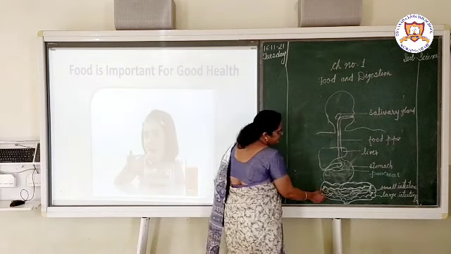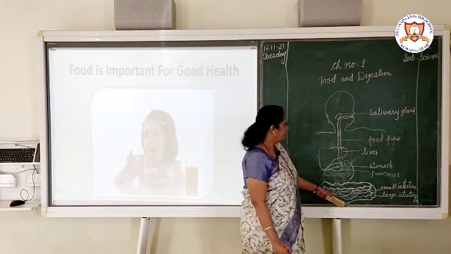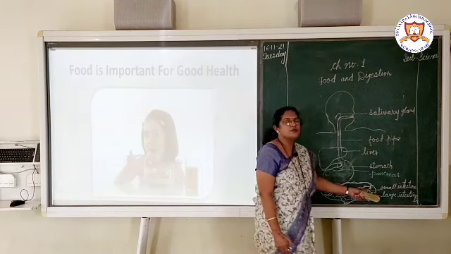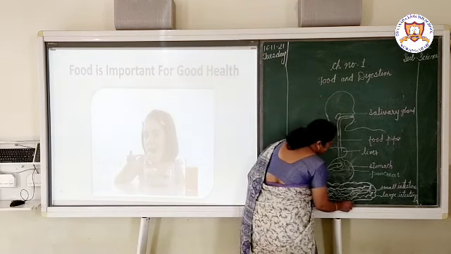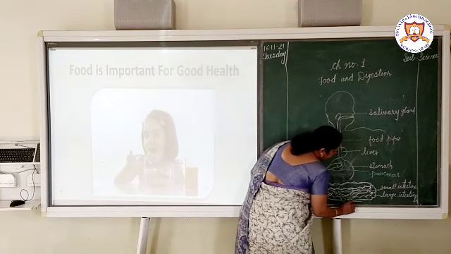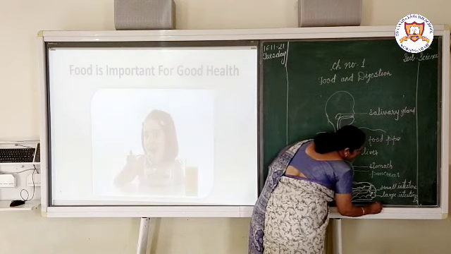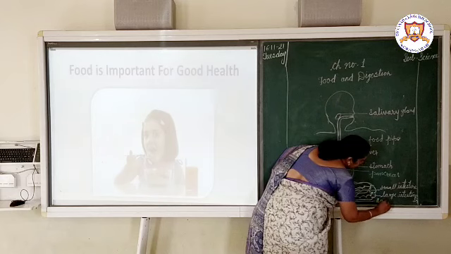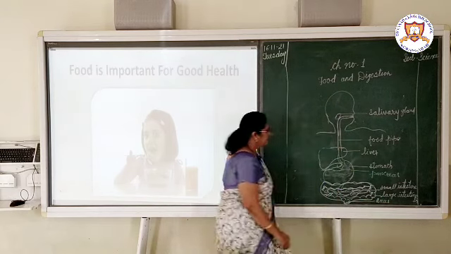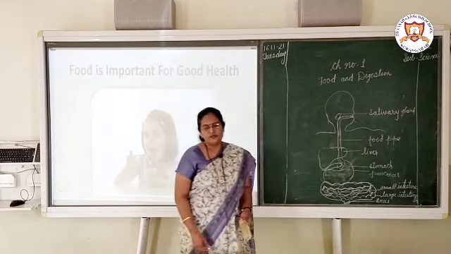Here also the blood vessels present in the wall of the large intestine absorb extra water from the food, and then this semi-solid waste is thrown out of our body through the anus when we go to the toilet. So this is our digestive system.